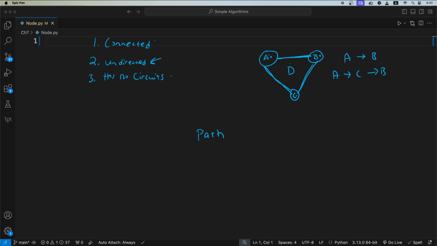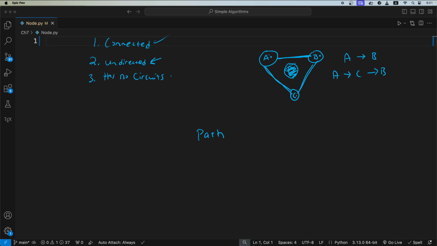If I were to add another node in the middle, D, that had no edges, this graph would not be connected because there's no way for me to start at D and get to every other node. There's also no way for me to start at any other node and get to D. So that would not be connected. However, if D wasn't there, then the graph would be connected.